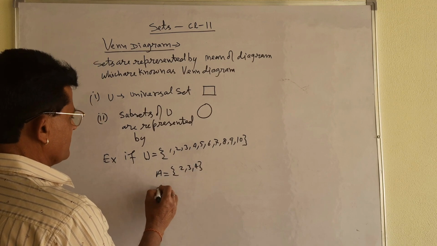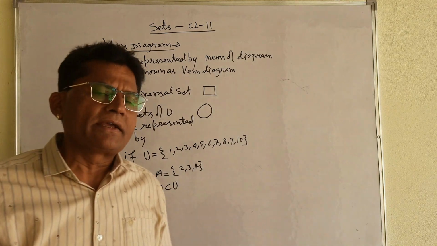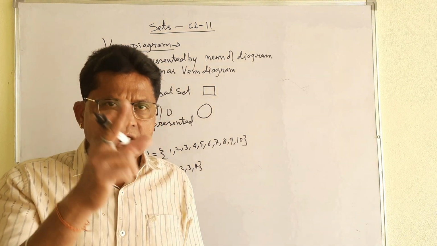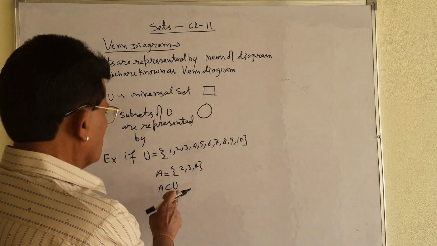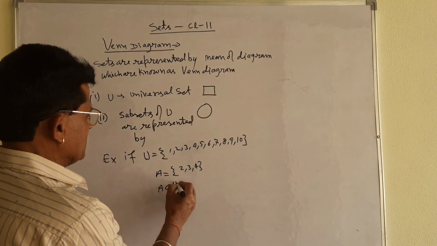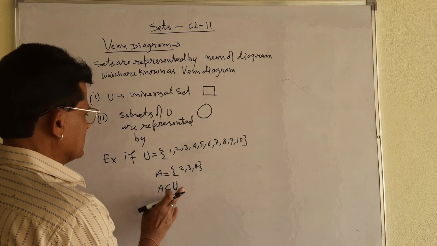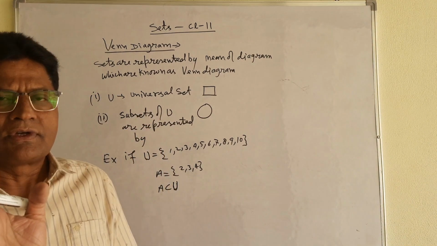A is a subset of U. How will you draw it using the Venn diagram? It comes in the examination and in competitive examinations also. Draw the Venn diagram of A is a subset of the universal set.